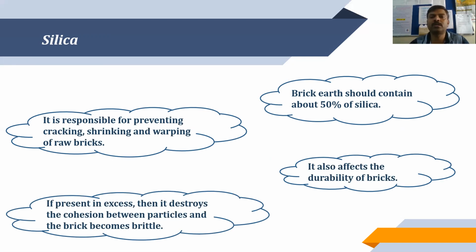The brick earth should contain about 50% of silica. It is responsible for preventing cracking, shrinkage, and warping of raw bricks. It also affects the durability of bricks. If present in excess, meaning more than 50%, it destroys the cohesion between particles and the brick becomes brittle.